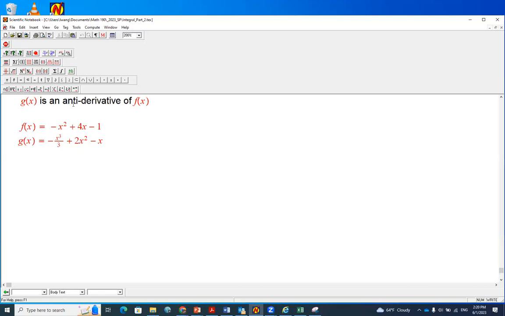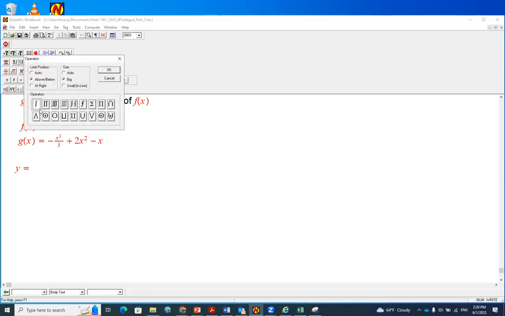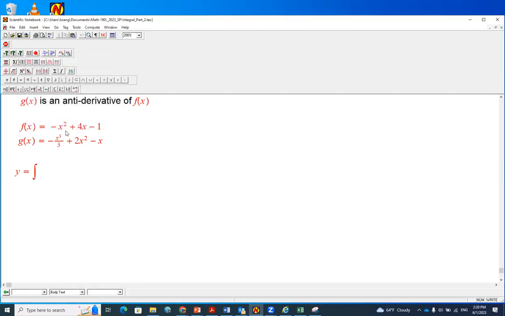The function we have is y equals the integral, with a lower bound sine x and the upper bound 1, of the function square root of 1 plus t squared.